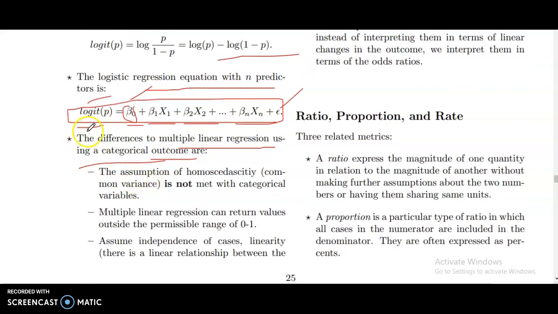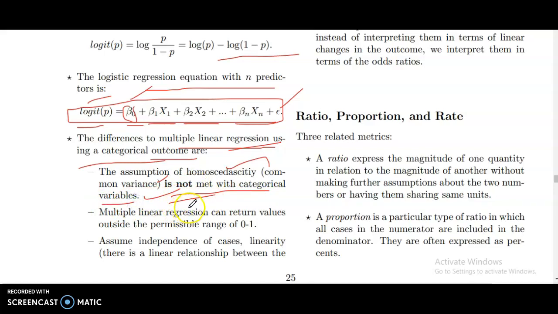The differences from multiple linear regression using categorical outcomes are these. The assumption of homogeneity of variance, the common variance, is not met with categorical variables.